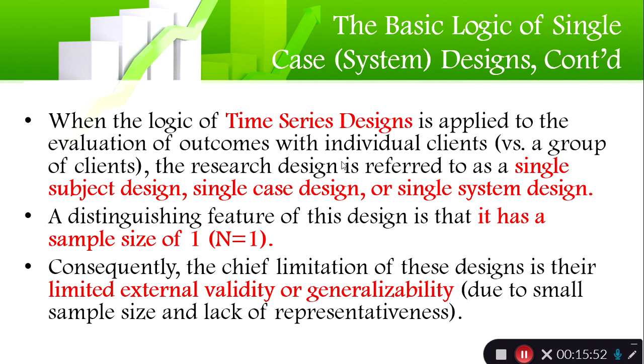However, where we can strengthen our external validity and generalizability is through replication. So the more that we're able to replicate a single system design with multiple clients, the stronger our evidence base becomes, and the stronger our external validity and generalizability becomes as well.